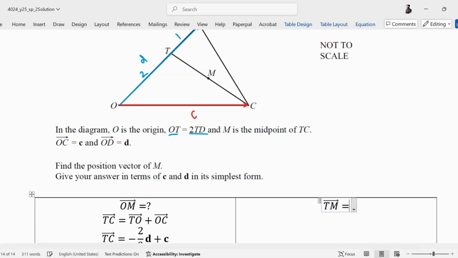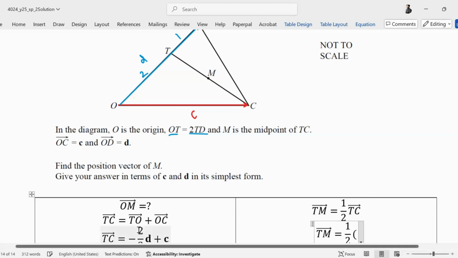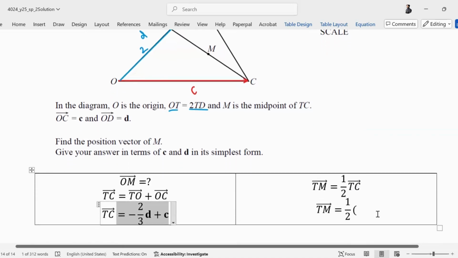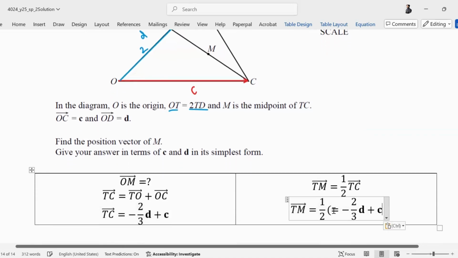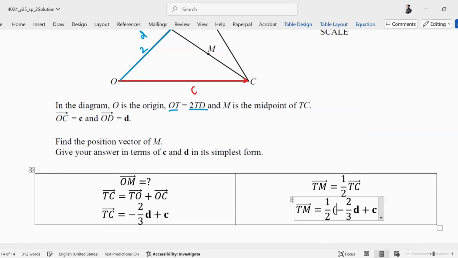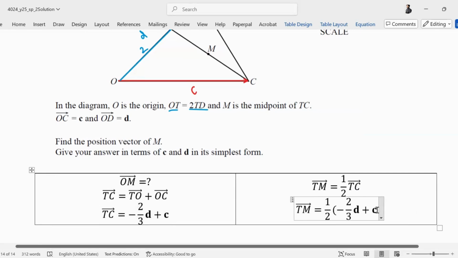TM is basically half of TC because it lies in the middle. So TM is half of TC. This is the vector TC that we just found.